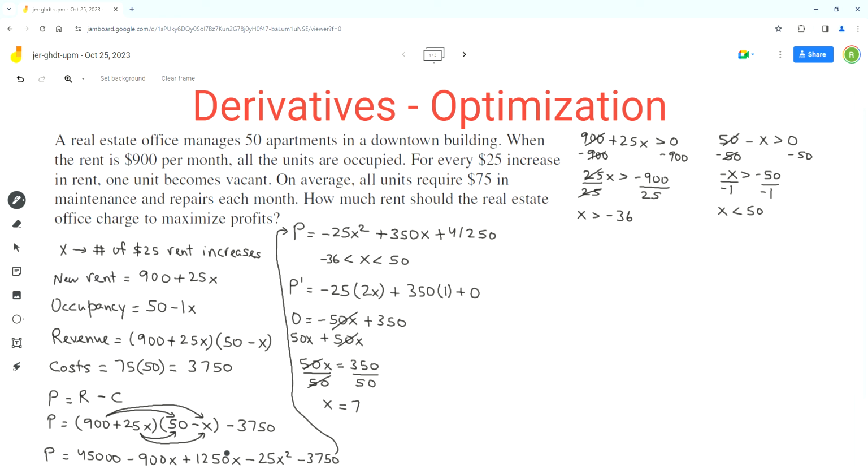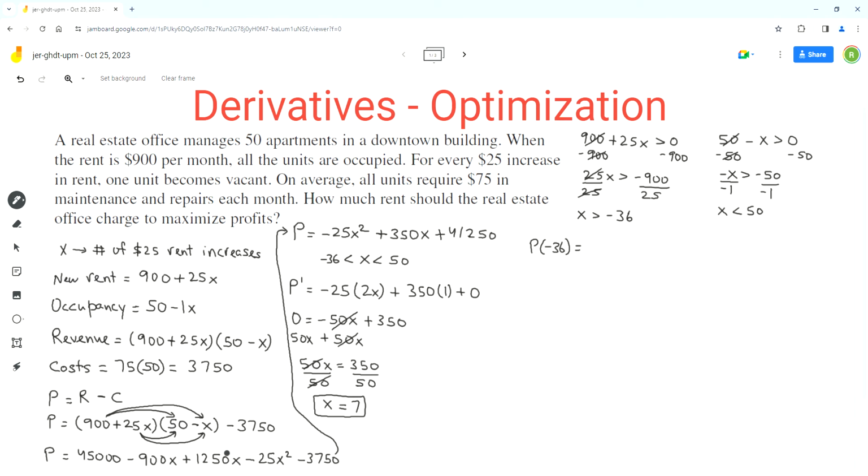Now this x value lies in the domain that we found for the profit function. So that means this is a valid value of x. So now we'll analyze the profit at 3 x values, negative 36, 7 and 50, and then find at which x value the profit is maximized. So we'll start with p at negative 36.